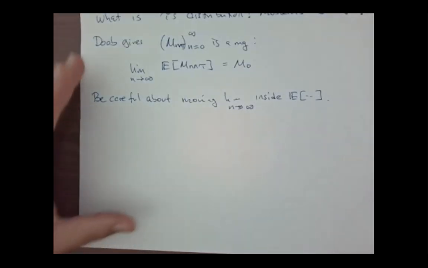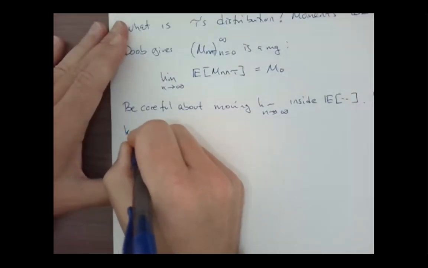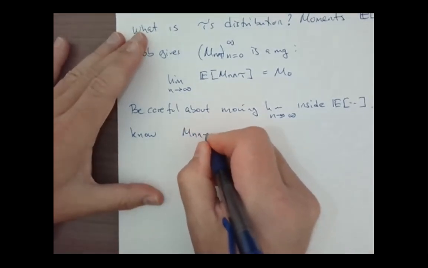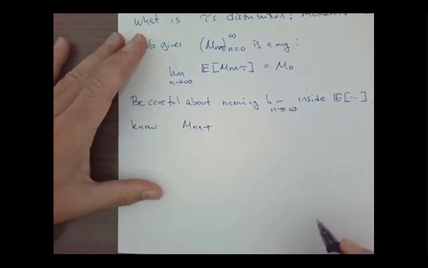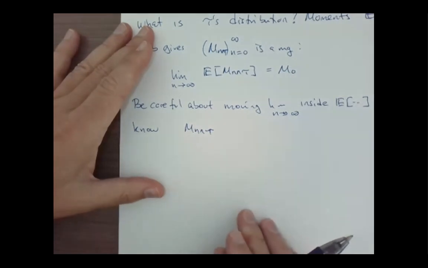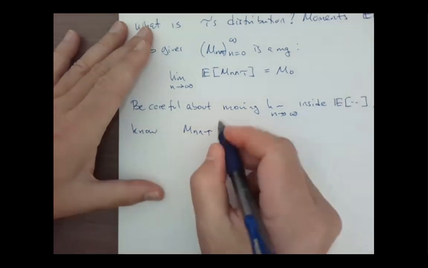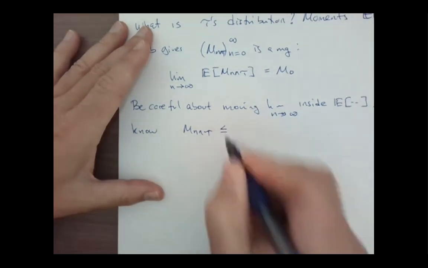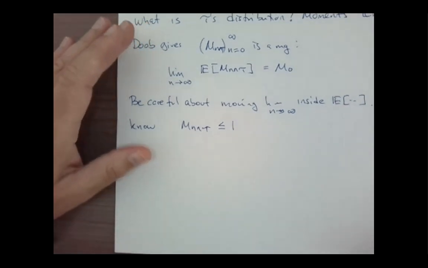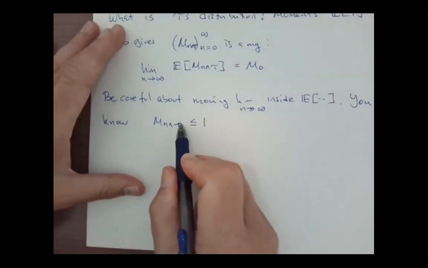What happens is that M_{n min tau}, the process being stopped at time tau, is less than or equal to 1, because tau is the first time it reaches 1.